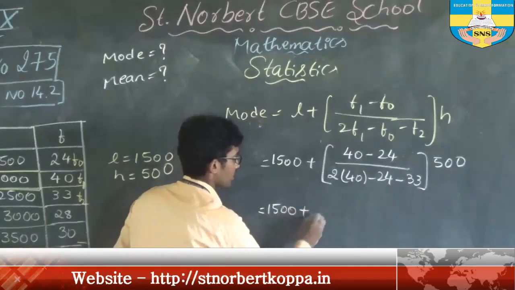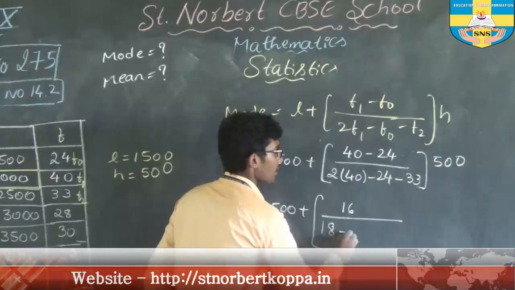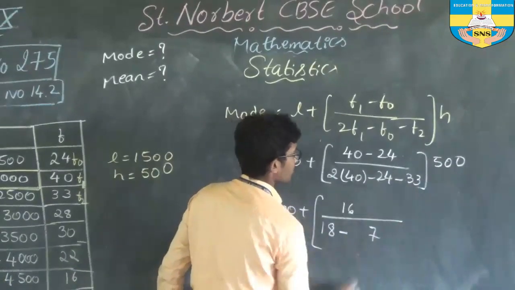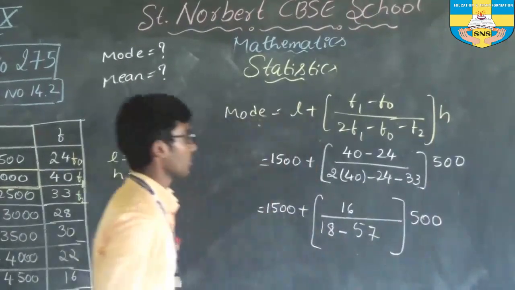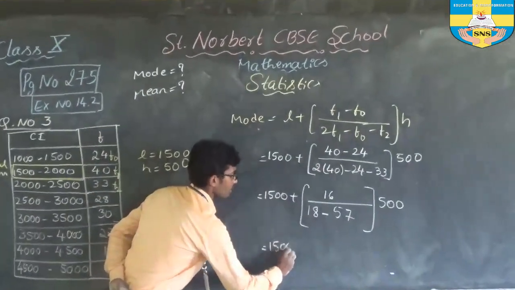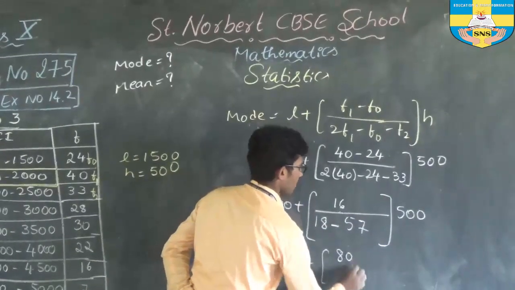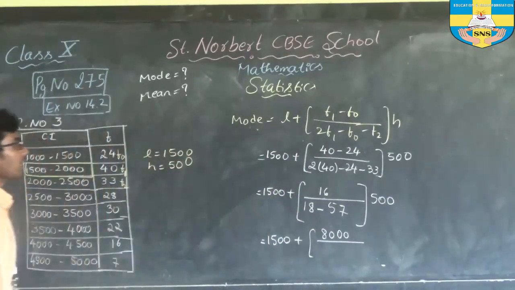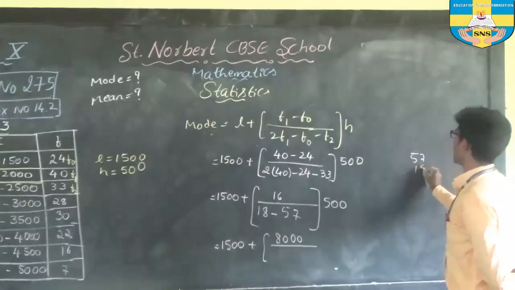If you calculate here, you will be having 40, this is 60, 80 minus 7 and this will be 500. Then continue the process. This is 1500 plus 16, this will become 80 and 2 zeros.